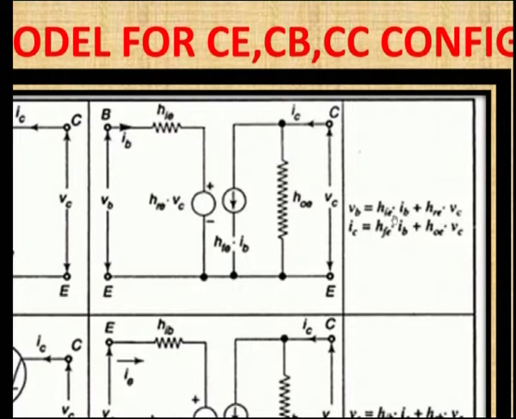So, HIE is the input impedance for the emitter configuration, that is E is for the emitter configuration and HI is the input impedance, and HRE is the reverse voltage transfer ratio. Here HFE is forward current transfer ratio and HOE is output admittance, and in all the H parameters E is represented for emitter configuration.